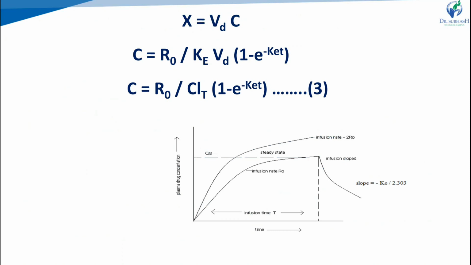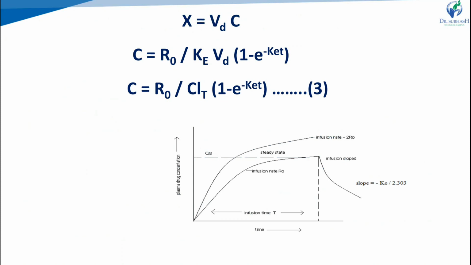The final equation that we get is C is equal to R0 upon Ke into Vd, 1 minus e raised to minus Ket. So at the start of constant rate infusion, the amount of drug in the body is 0, so there is no elimination.